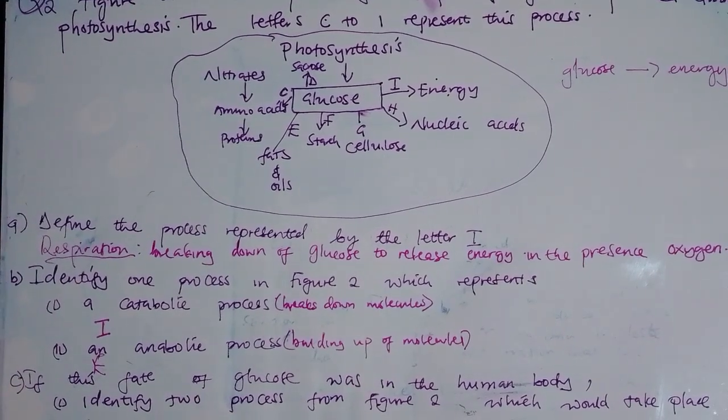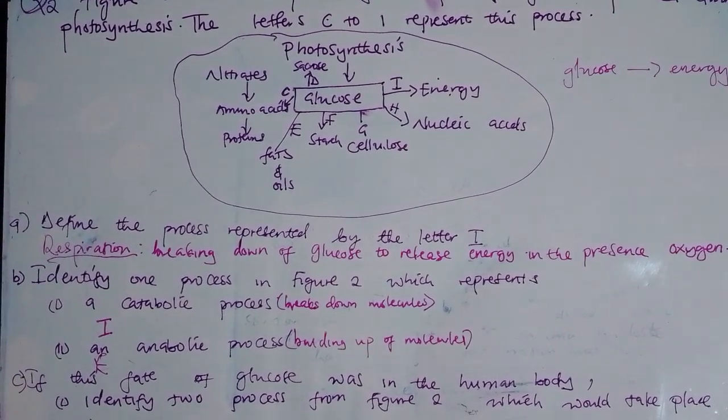Then question C is saying, if this fate of glucose was in the human body, identify two processes from figure 2 which would take place. So now you need to identify, if it was a human being, what processes can take place.